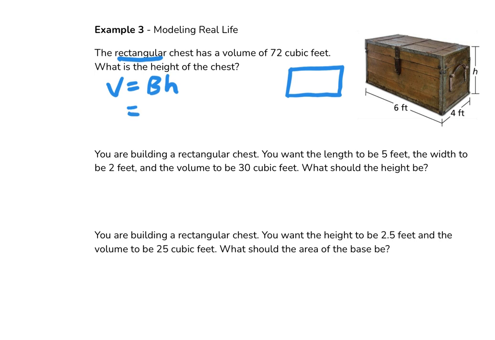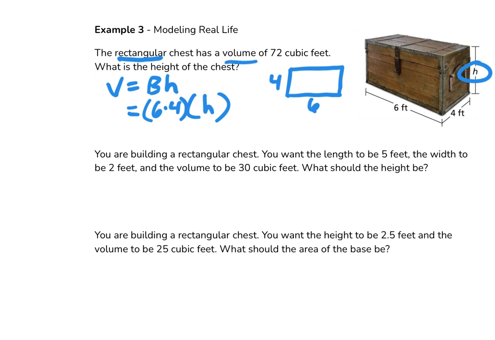How do I find the area of a rectangle? Base times height, length times width, however you want to call it, okay? We don't know H, that's the height, that's what we're trying to find.